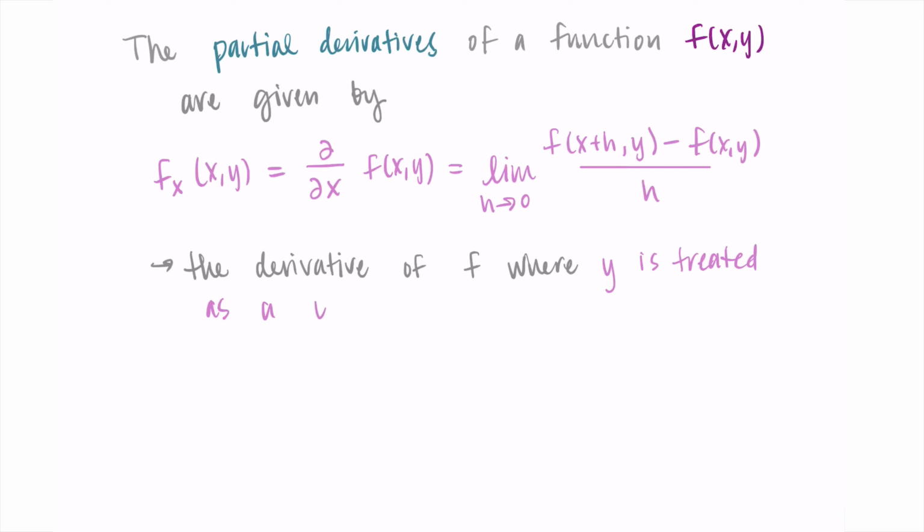So the idea is we don't care about y and what's going on with it, so we just treat it as a constant, and we keep x as the variable. I'll show you what this looks like in an example in a moment, but the main thing to think about is that we're only looking at the change in x, so we look at x as the variable and everything else is constant.